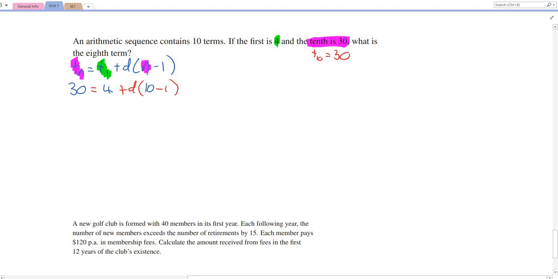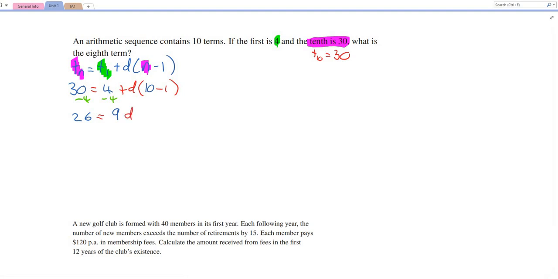Why is d there? Times 10, 10d. Yes. And T1 is 4, so that's minus 1 times d. What's negative 1 times 9? Negative d. 23 first.